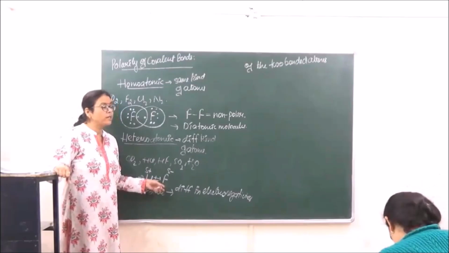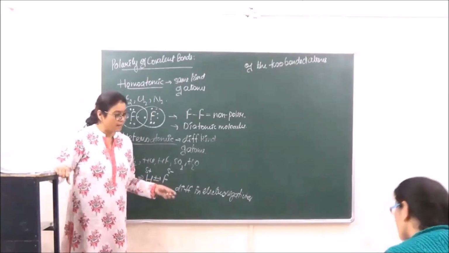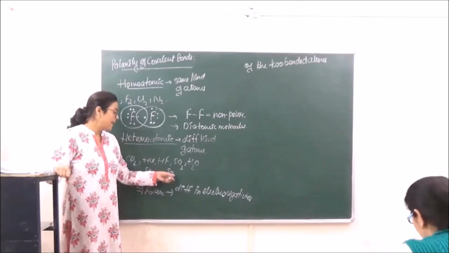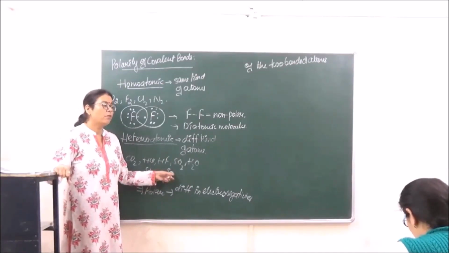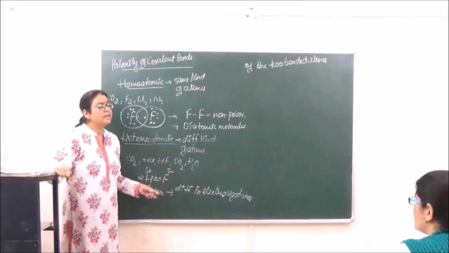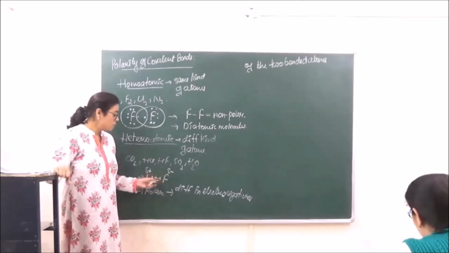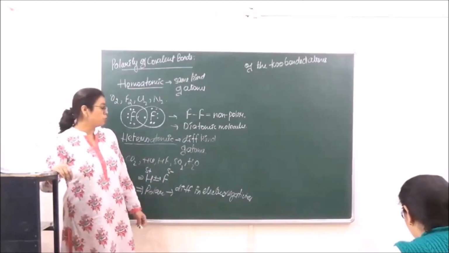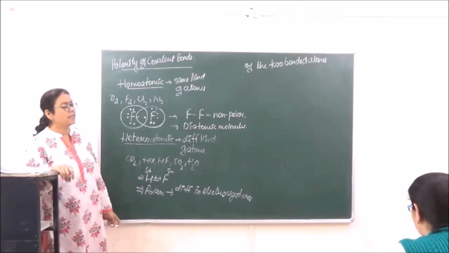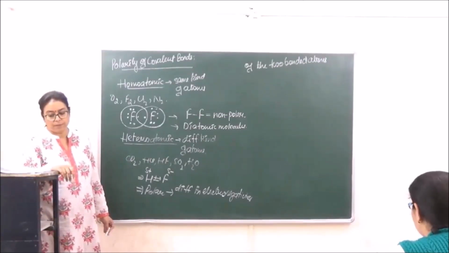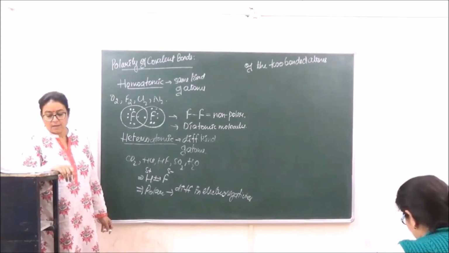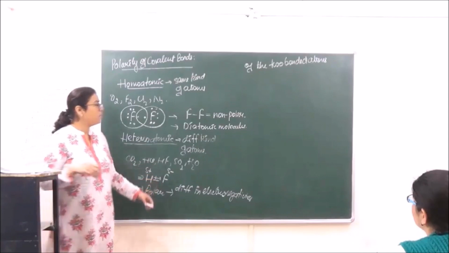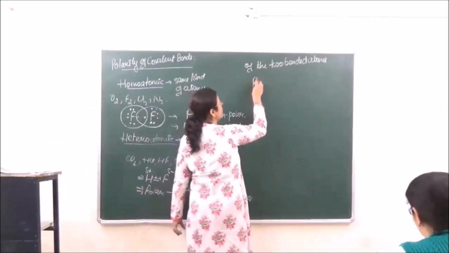Here also the stronger team, which is the more electronegative atom, pulls the shared pair of electrons towards itself, getting an achievement in that it gets a negative charge on it, right? So such molecules which have different poles created due to difference in electronegativity are said to be polar. Okay? So in this, if you want to now define what a polar covalent bond is, you can write down.